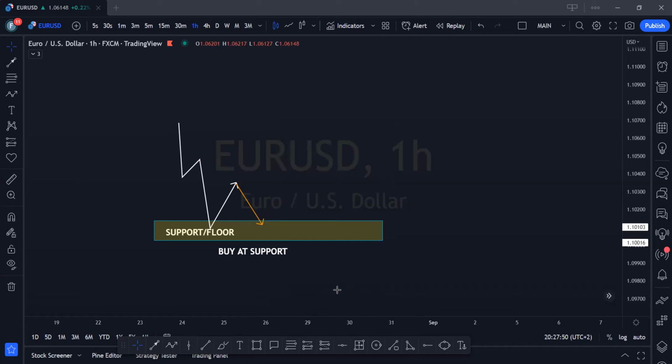You need to subject those zones to additional confirmations. But my goal in this particular tutorial is to just give you a general understanding of support and resistance, and then I want you to also be able to spot them on your own. So I won't really go into great detail on how to use support and resistance because of time.